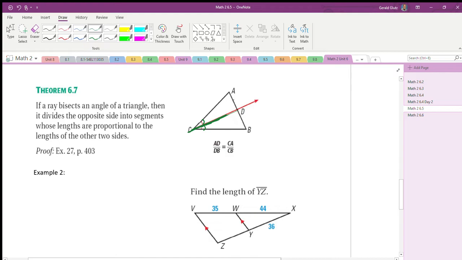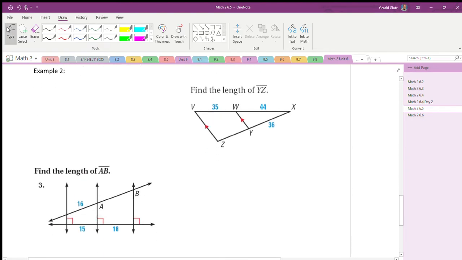AD divided by DB is going to be equal to AC divided by BC. So these two sides divided by each other are going to be equal to these two sides divided by each other. We're going to do some examples like that at the end of the notes.